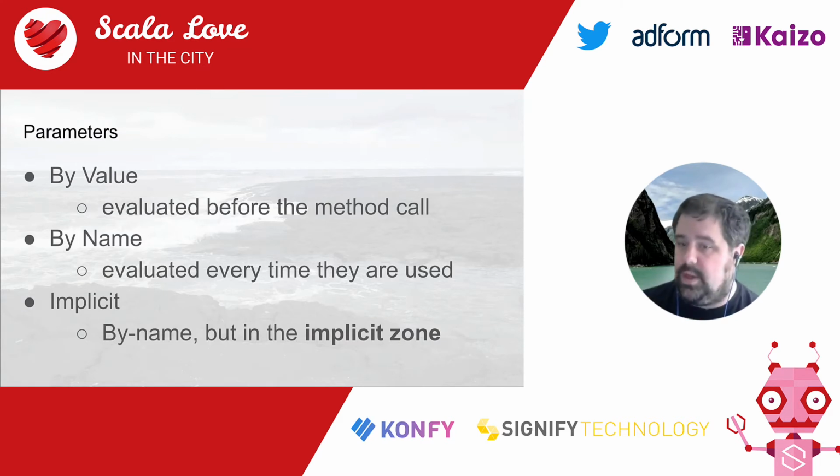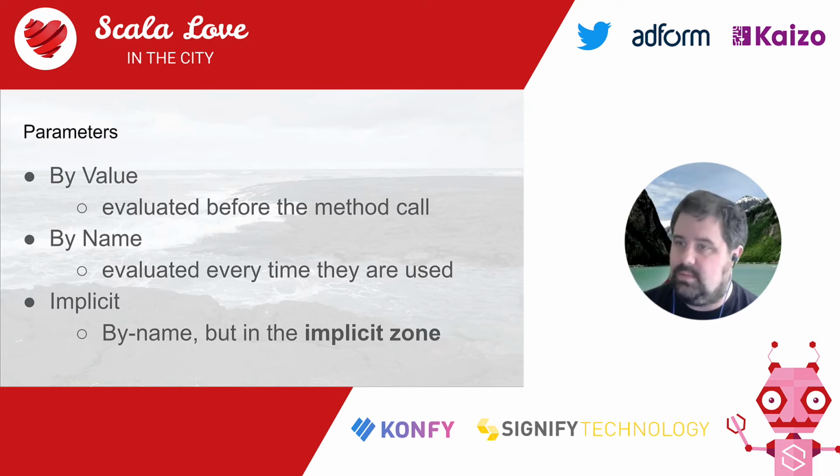So in Scala 3, we have three different parameter types. We have by value, where I can evaluate values before a method call, and in the inline sense, I will evaluate and then write my code directly leveraging that value. We have by name, which are evaluated every time they're used, and this is done via constructing lambdas or thunks, if you will, that will reevaluate the thing every time you reference it.